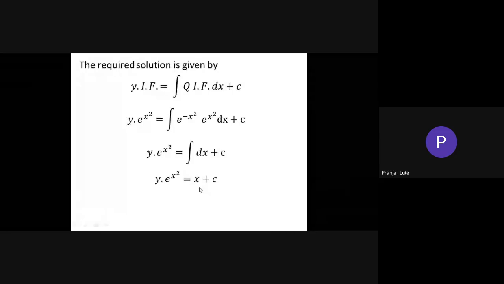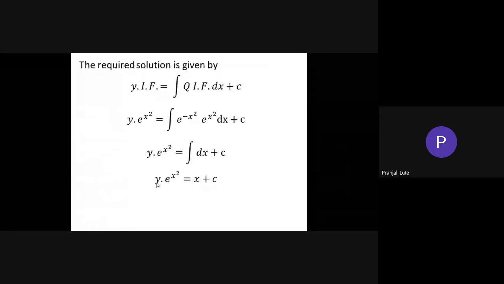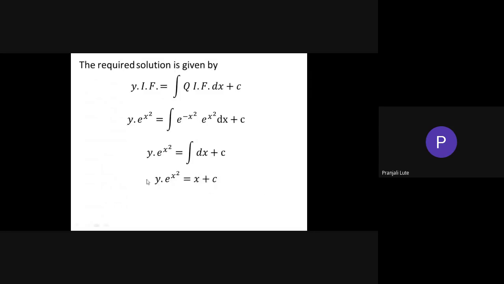This is the solution of the given differential equation. But again I told you, this is not your final answer, because one initial condition is given in your question, that is y of 0 equal to 1. So with the help of that initial condition, we have to find the final answer.